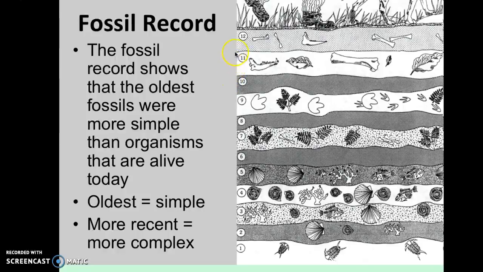And the features of these organisms are more complex or fancy, if you will. So the fossil record shows us that even before we were here to see things, in these bottom sedimentary rock layers and fossils, we have more simple organisms, and there's only one type of fossil down here. And as we go through time and get into more recent events, in these younger fossils, we have more organisms and we have more complex organisms.